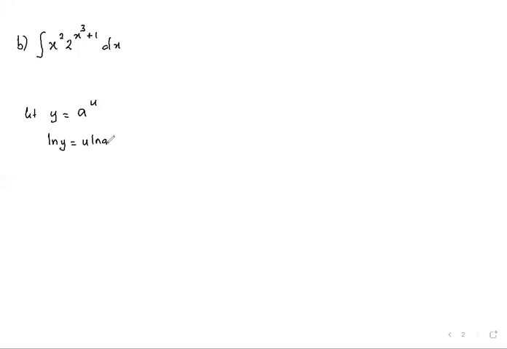Then when you differentiate using implicit differentiation, you have 1 over y dy/du is equal to ln a. Then you get dy/du is equal to y ln a, which becomes ln a times a to the power u. This is how you differentiate the exponential with a constant base that is not e.